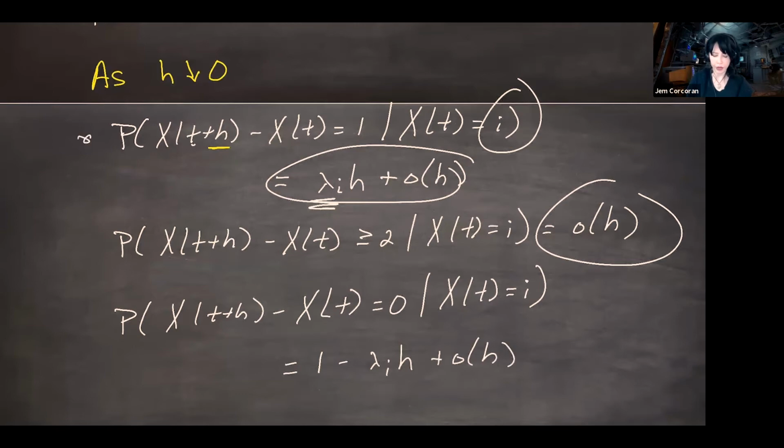And so there's 3 conditions, but you only need to specify any 2 out of those. So if the lambda i's are constant, then it is just a Poisson process. The lambda i's are known as the birth rates of the process. And specifically, lambda sub I is the birth rate at the time the current population size is I.